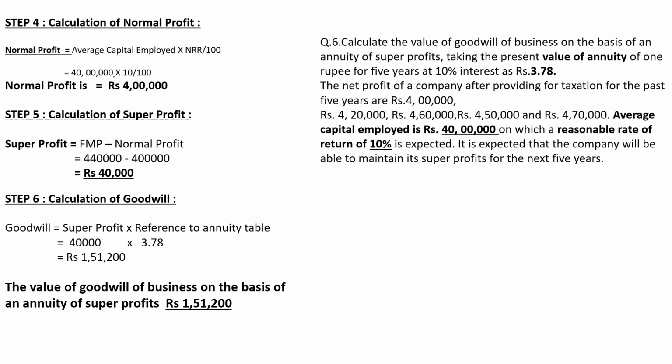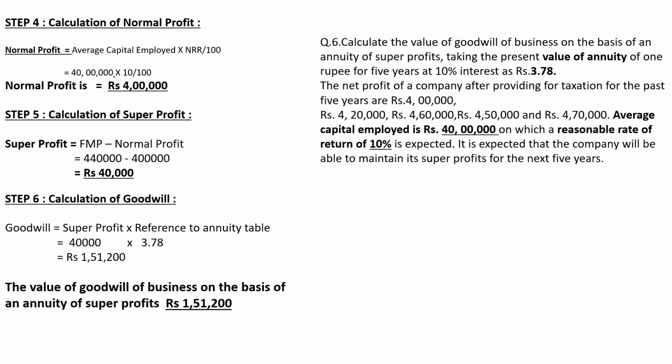Now our last step, that is calculation of goodwill. Previously what you used to do was super profit into number of years of purchase, you used this formula. But here it is the annuity method. So by using the annuity method, we can use the reference of the annuity table. Here they have directly given us the value of annuity of 1 rupee for 5 years at 10% as rupees 3.78.